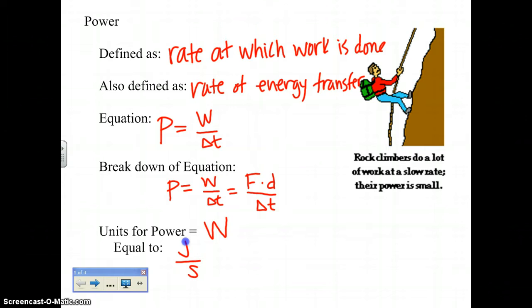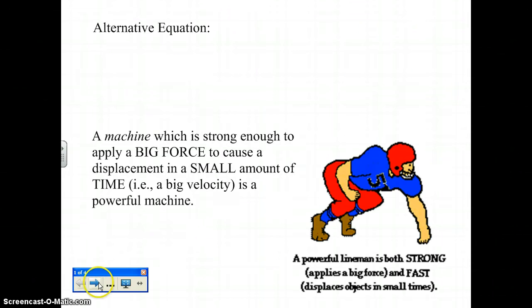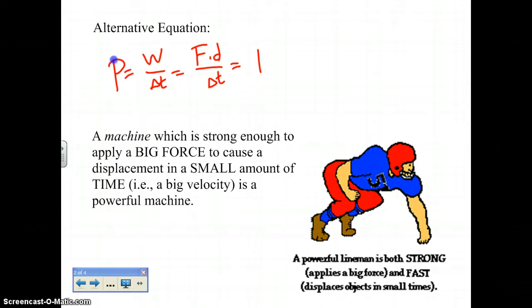But you can even break this equation down one more step further, and it's just simply called the alternative equation. Once again, power equals work over time, where work is Fd, and d over t is velocity. So your alternative equation is power equals force times velocity.